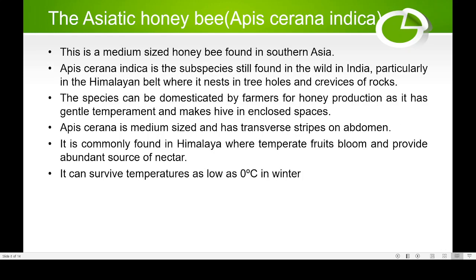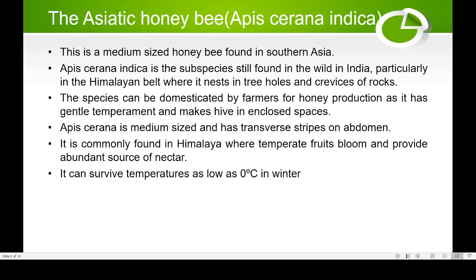The third species is known as Apis cerana indica. Sometimes we call it Apis indica, or the Asiatic honeybee. This is mostly found in southern Asia, and this subspecies is still found in the wild in India, in the forests of India.